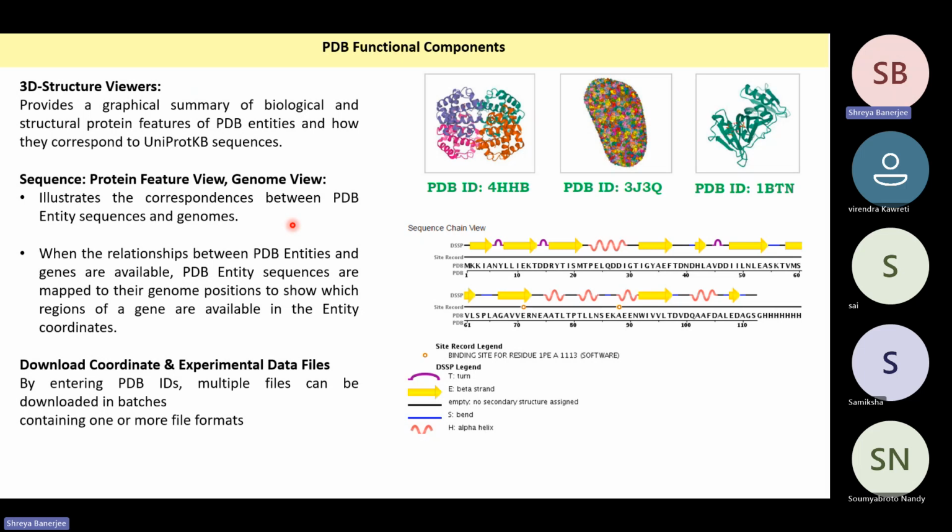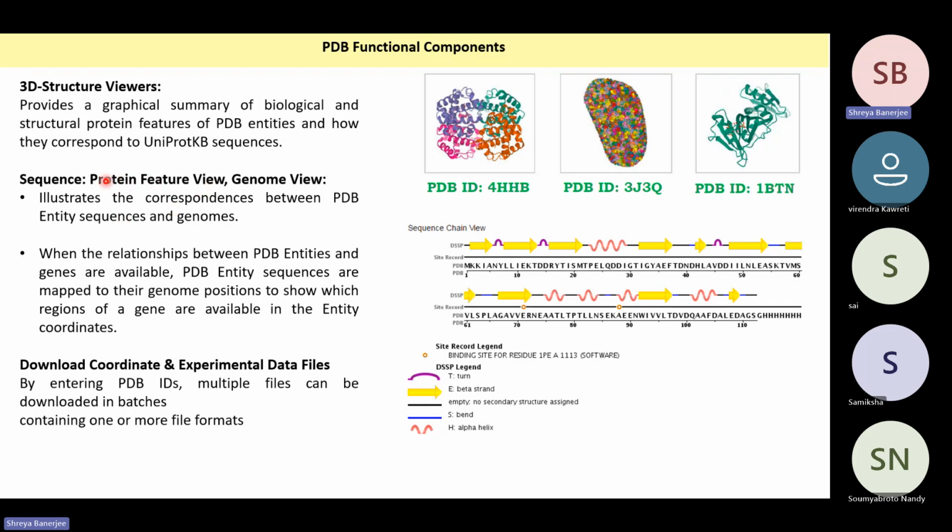So you know from triplet coding that three base pairs will code for one amino acid. So from the amino acid sequence, you can find out the DNA sequence, that is the genome sequence.